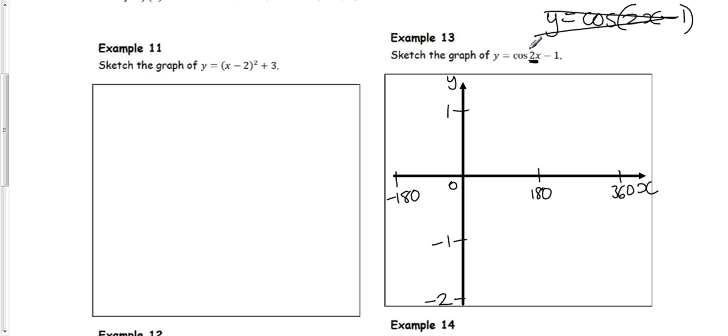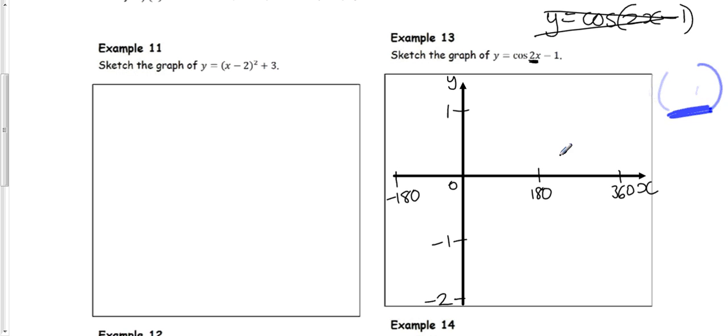The 2 with the x, think about what transformation that would achieve. Because it's with the x, and by that I mean we don't have 2 cos x, instead we've got cos of 2x, so the 2 goes with the x, we're going to get a translation in the x direction.